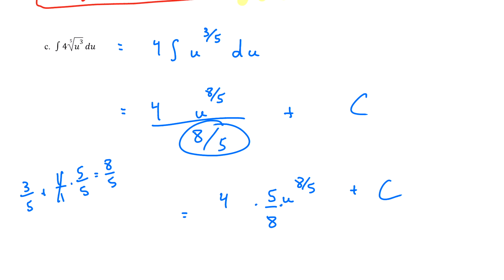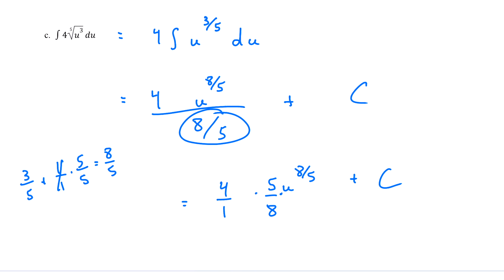And then to finish this problem up, I'm just going to simplify this part right here, because that's a little bit ugly. I know that 4 is the same thing as 4/1. Luckily for us, for fractions, we don't need a common denominator. So I can take 4 times 5, that would be 20, 1 times 8, that would be 8, times u to the 8/5 power plus c. But hey, these are both even numbers.